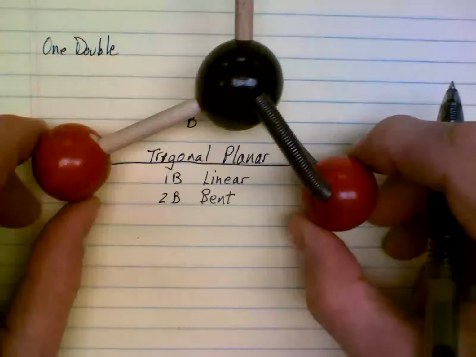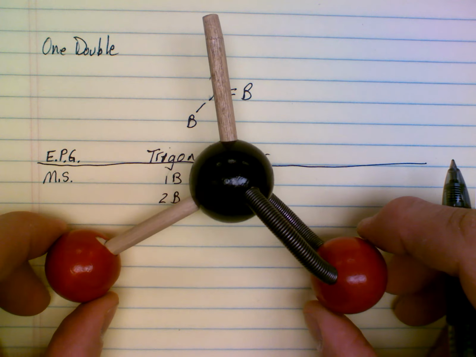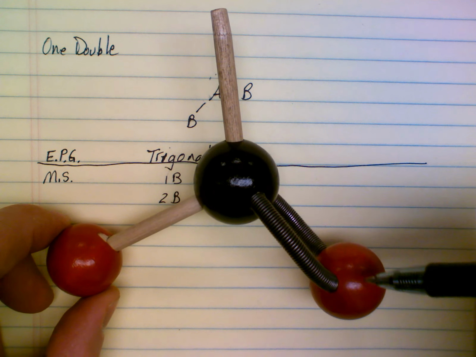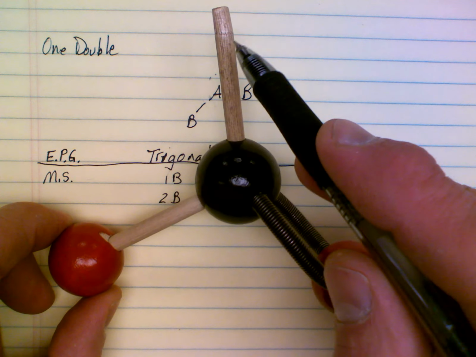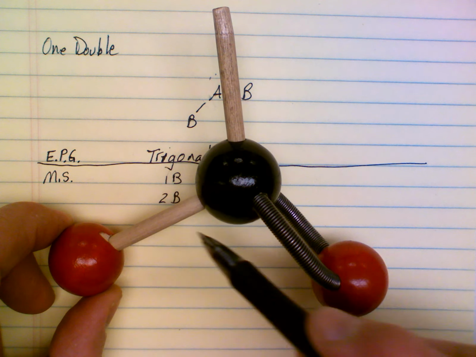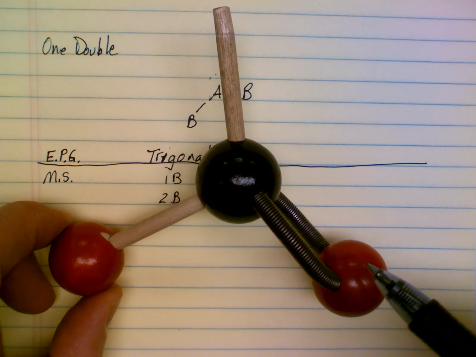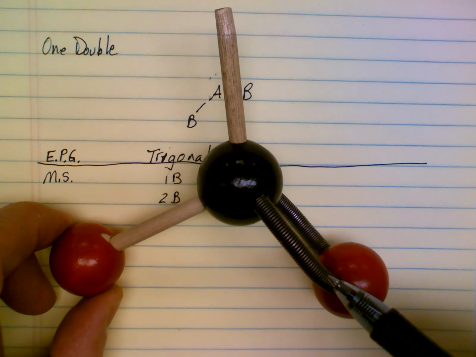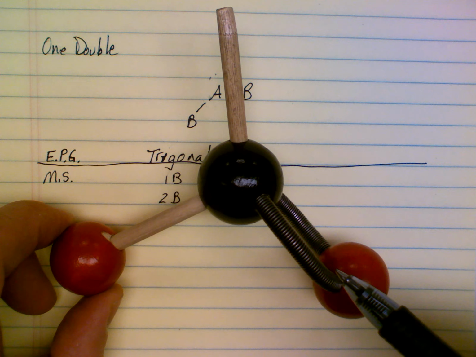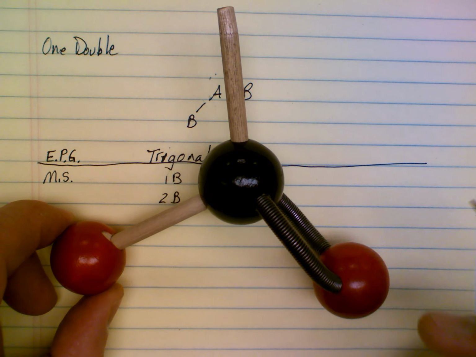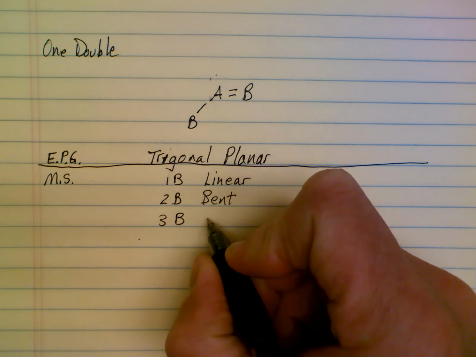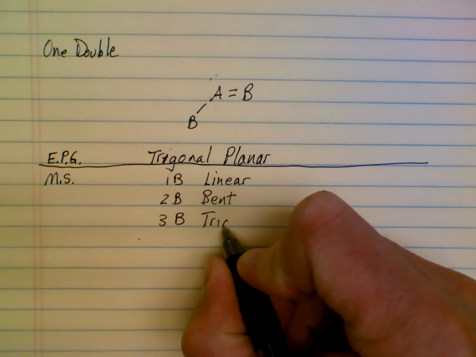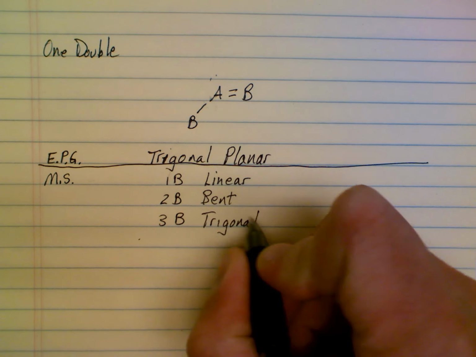But the electron pair geometry will continue to be trigonal planar. In other words, if you consider the endpoints of the electron pairs shown in this molecule, then you would have a trigonal planar configuration. And if we add a third B atom to this, this will then form a trigonal planar configuration.